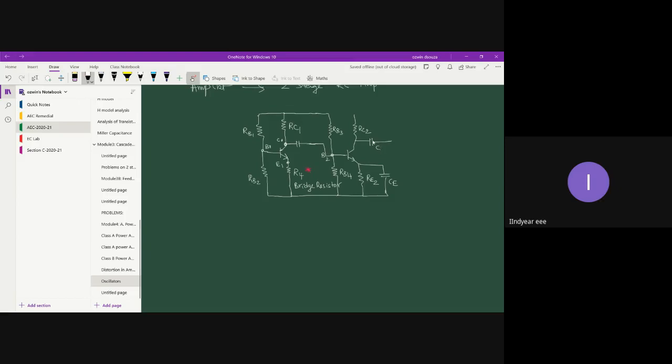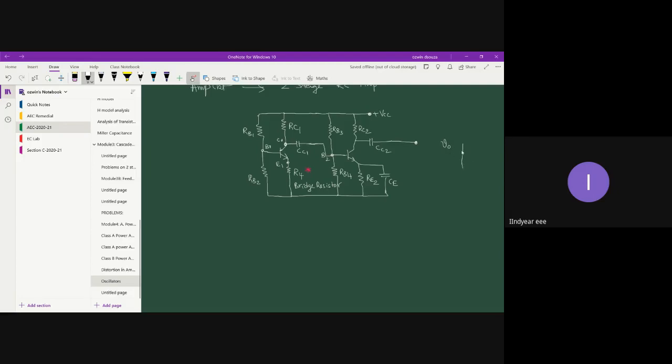This is your coupling capacitor, say CC2, and this, let us say, CC1. Let us join these two, and the common connection goes to the DC power supply, VCC. And this is your output.